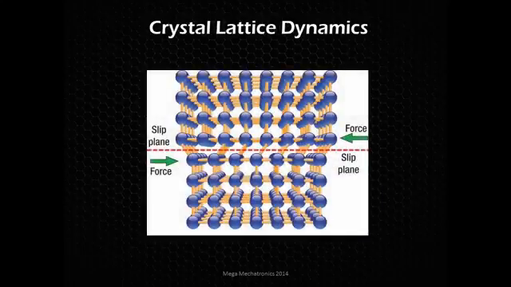So looking at the dynamics of the crystal structure, imagine this is a structure of those cubes, and we can move those things around and it won't break or fracture because the atoms are bonded together by kind of like a magnetic force. So if you shift that over, if you plastically deform it, those atoms are going to latch on to an adjacent set of atoms and move around.